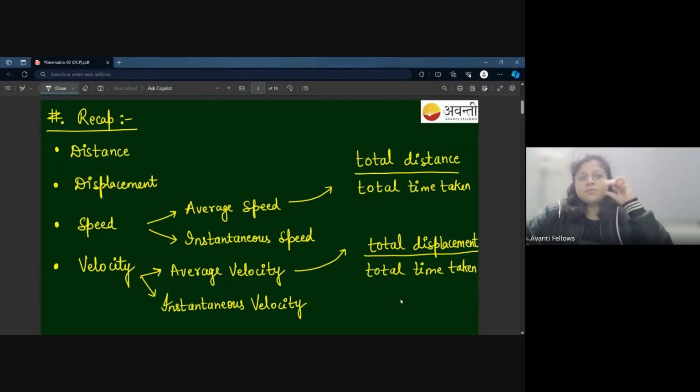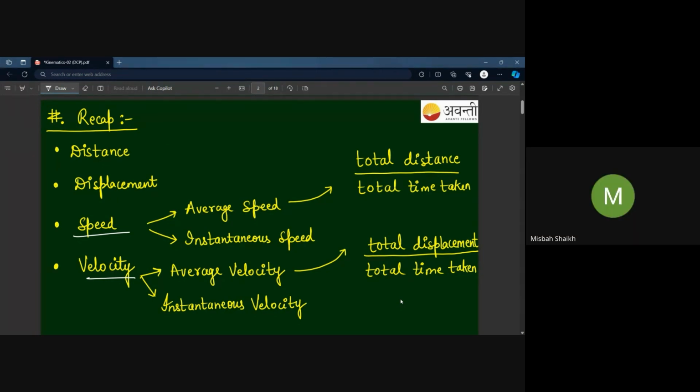But if your question is interested only at the 4th second or 5th second, in that situation you should go with the instantaneous word, right? And it goes on with the speed as well as with velocity. So if you know the basic meaning of speed and velocity, you already know how to classify into average and instantaneous one, right? Yes, ma'am.